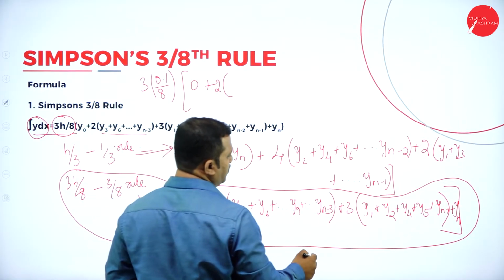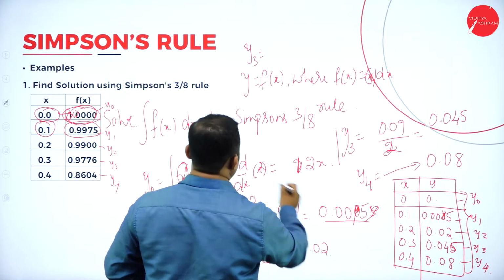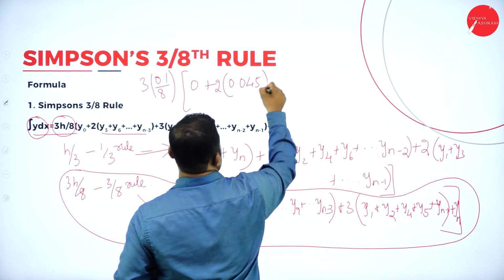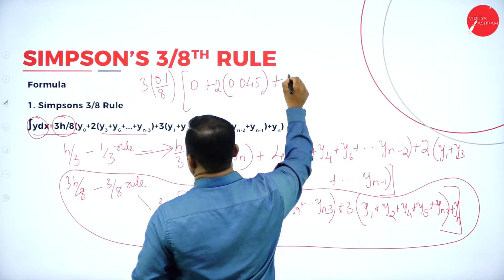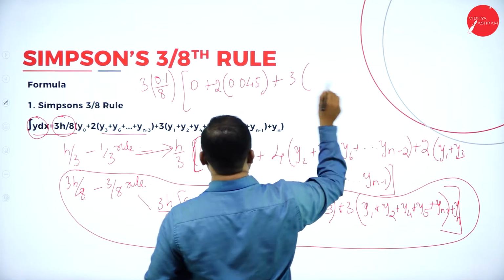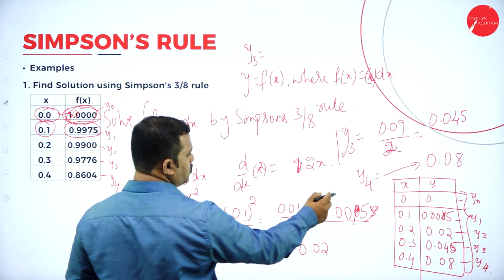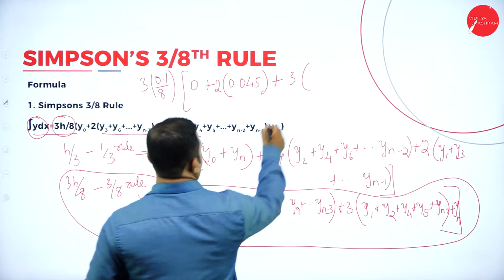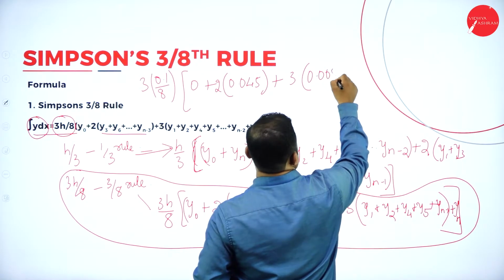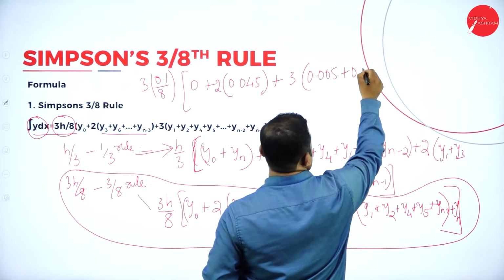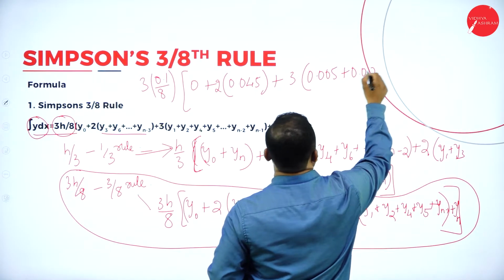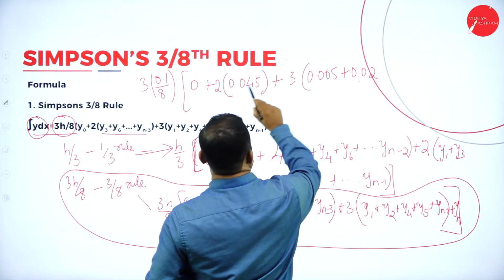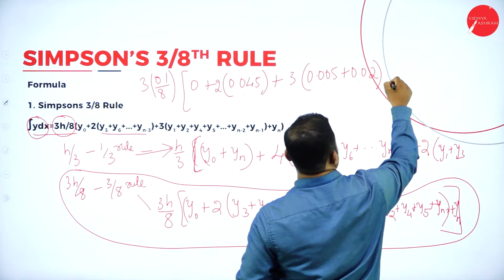What is the value of y3 here? 0.045, plus 3 times y1 plus y2. y1 plus y2 is 0.005 plus 0.02. This is y0, y1, y2, y3. There is one more term, that is y4.